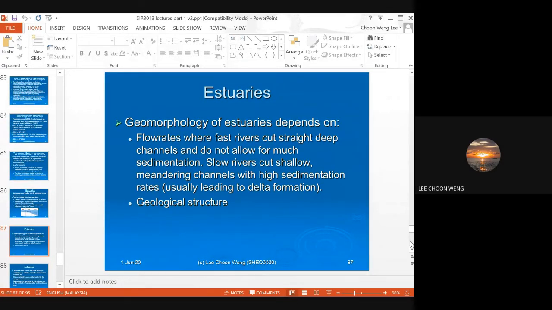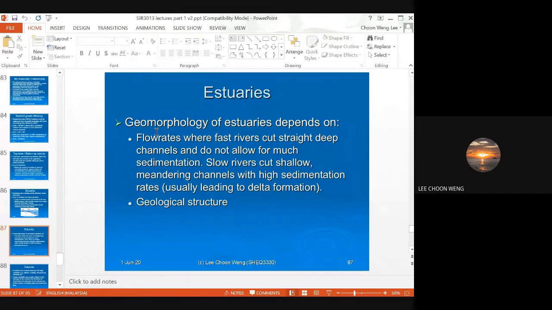From the geomorphology of estuaries, you can actually guess certain things. If your estuary is a very straight, deep channel, that means the flow rate of the river is very fast.